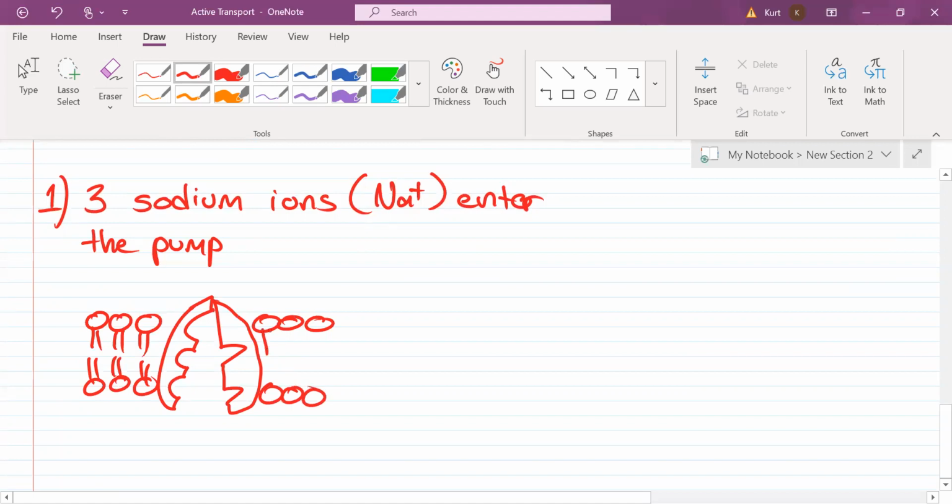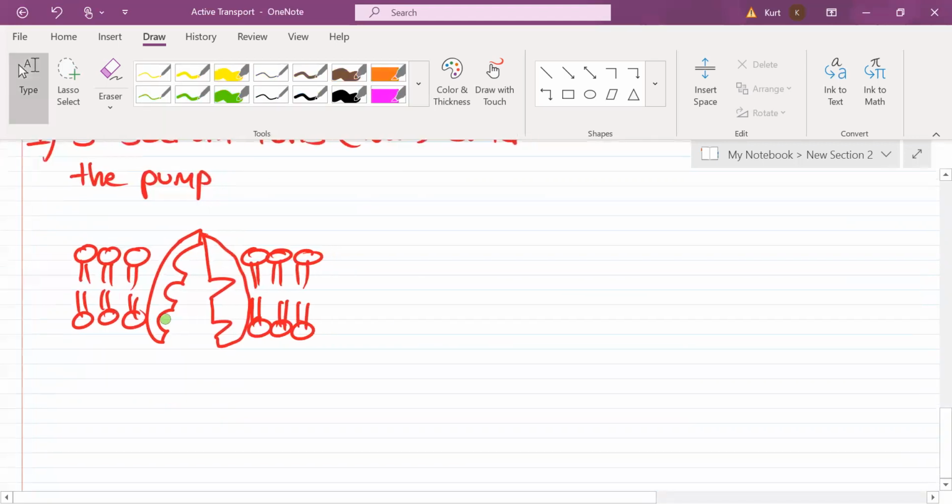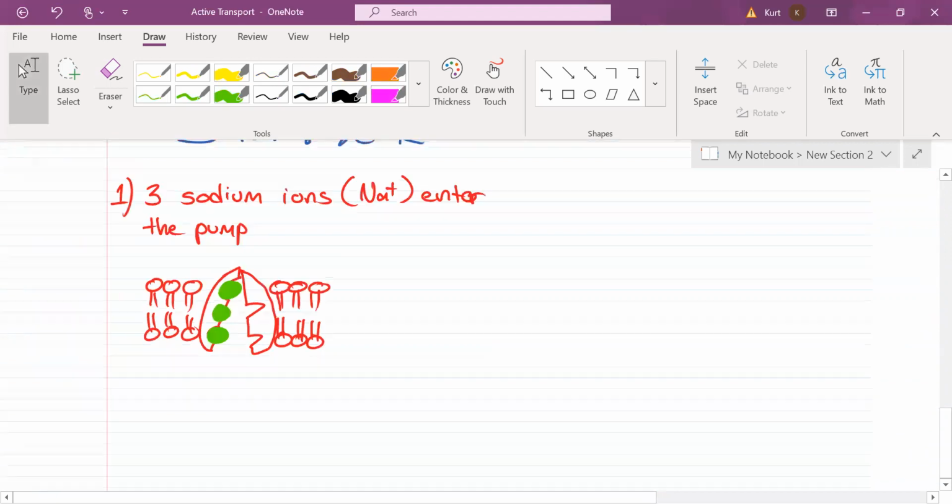Just by the way I drew it, is this pump in the on position or the off position? That's right. Now I'm going to try to stick with the colors. Green is going to be sodium. Brown is going to be potassium. Okay, that's just part 1.